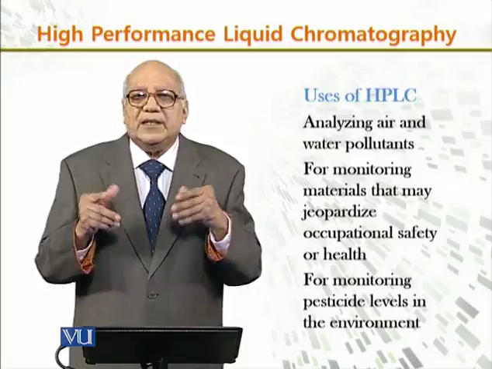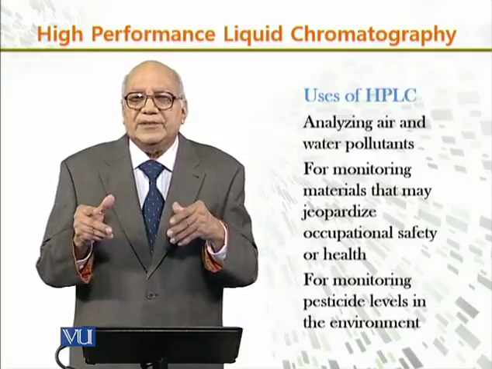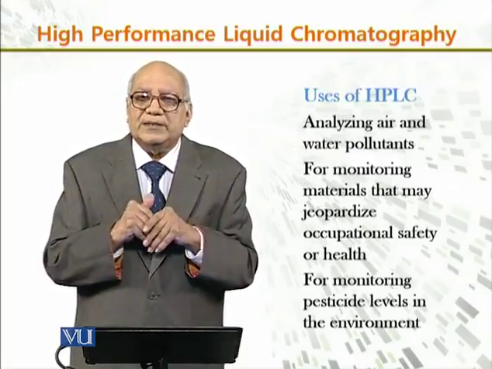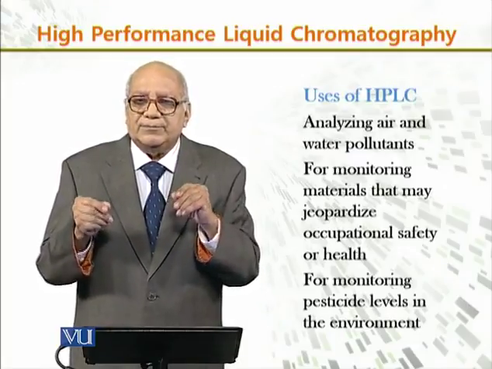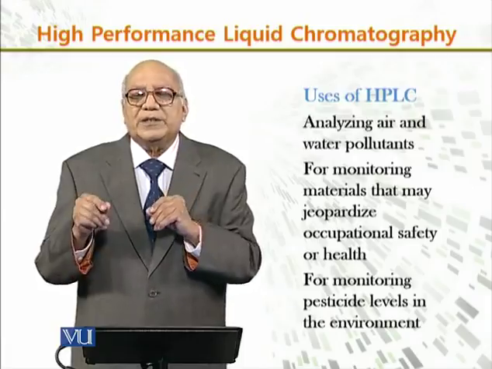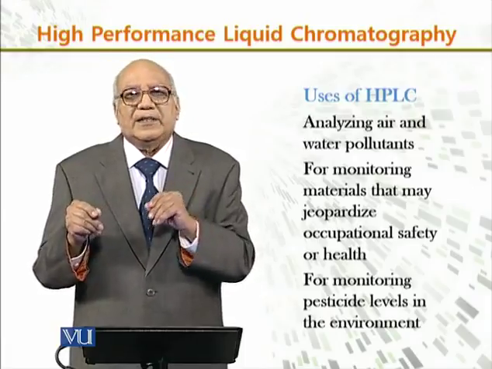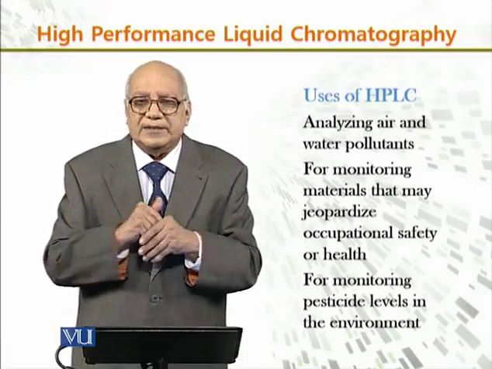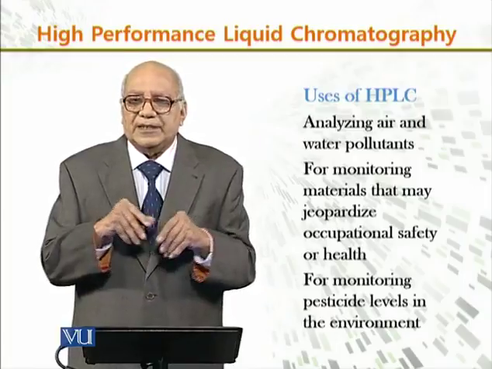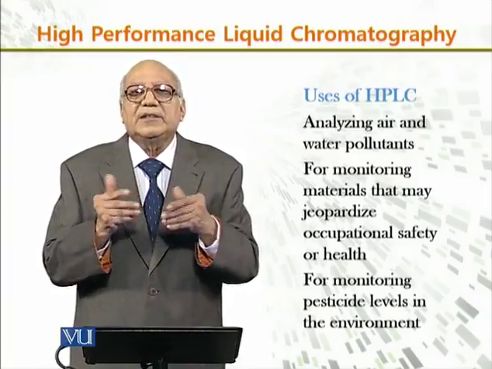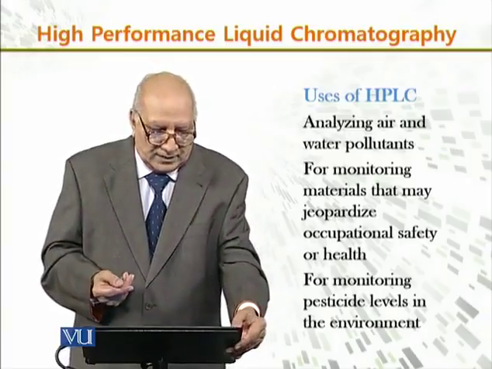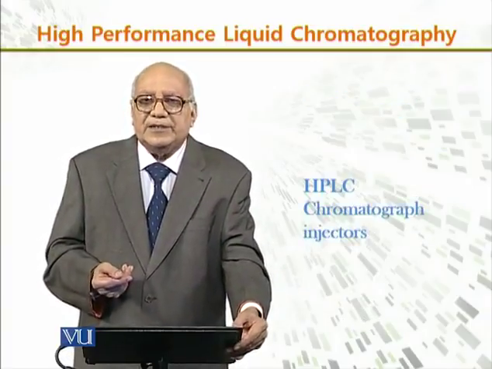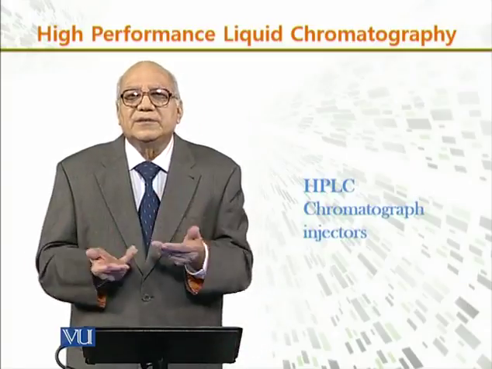Now, it can also be used for analyzing air and water pollutants, for monitoring material that may jeopardize occupational safety or health. That is all analytical technique, and for monitoring pesticide levels in the environment. So, in a lot of branches of science, this HPLC is used.